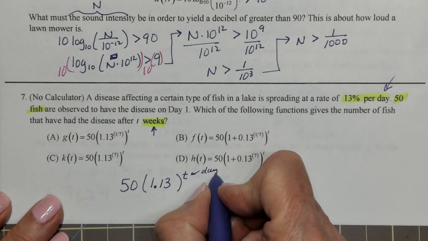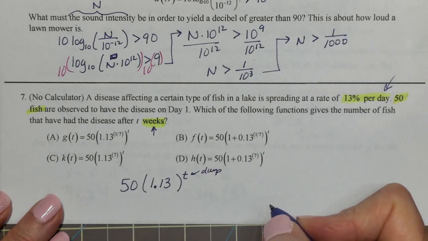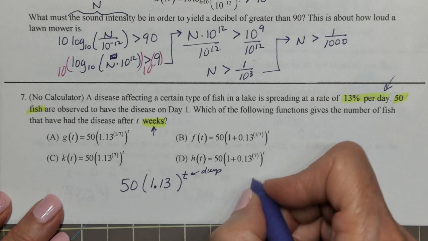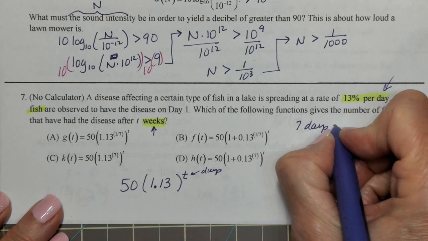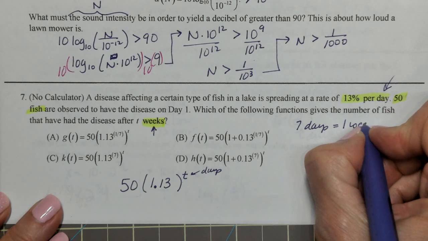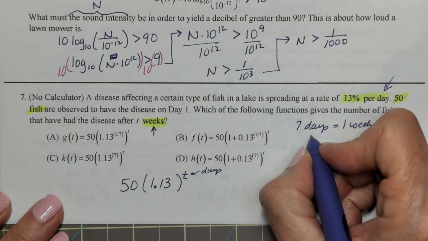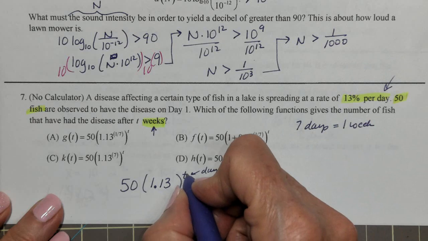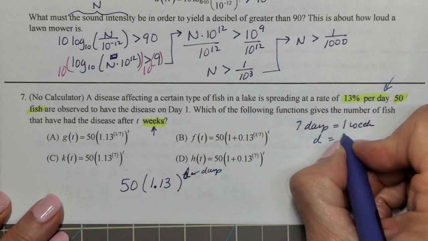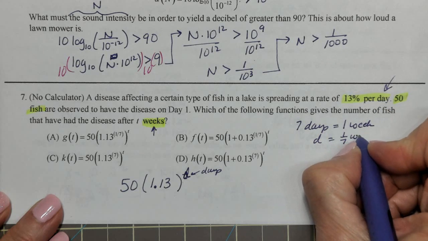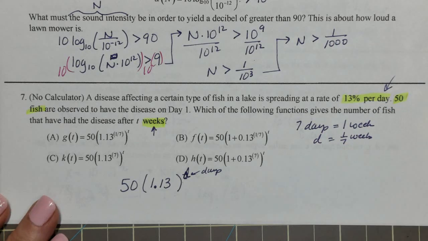That's in days. I want it to be in weeks, so I'm going to change this to weeks. So 7 days equals 1 week, right? So my days will be 1/7 weeks, right?